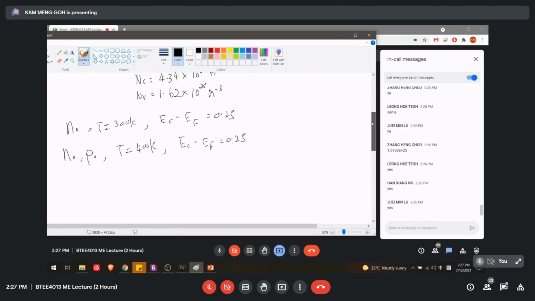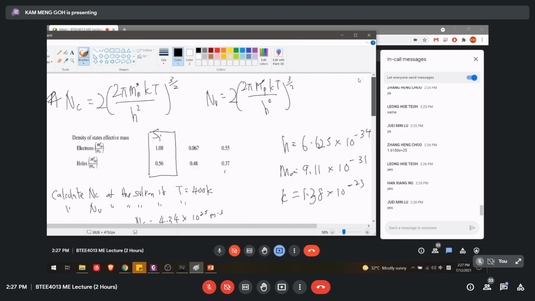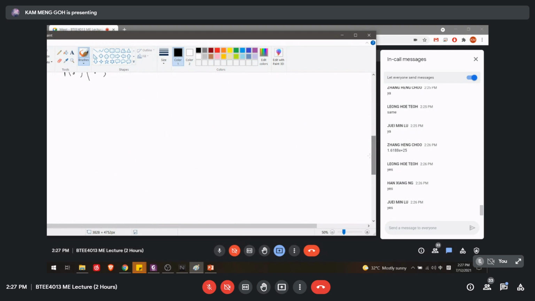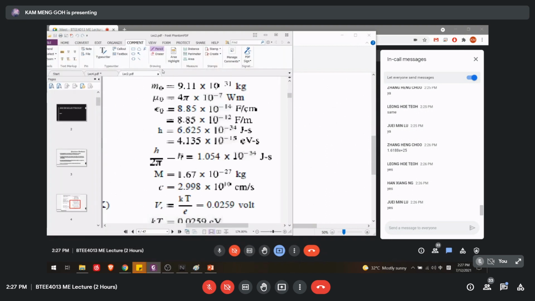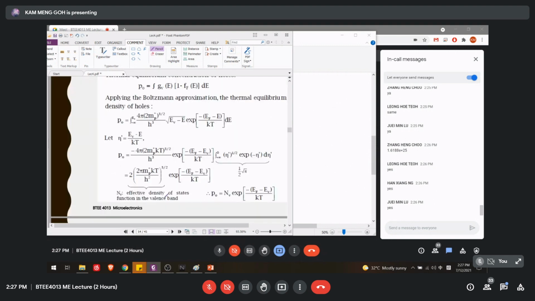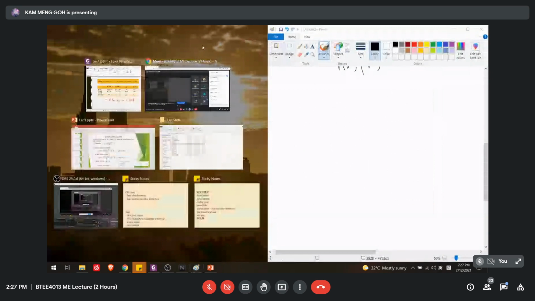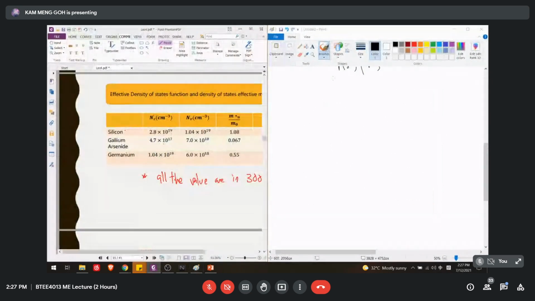Okay, if we are going to use this formula to calculate everything here, it should be a very tedious process. So lucky for you that right now we have the faster way to calculate this value. How are we going to calculate this value fast? So by referring to this table, we know that at 300K the NC is 2.8 and the NV is 1.04.